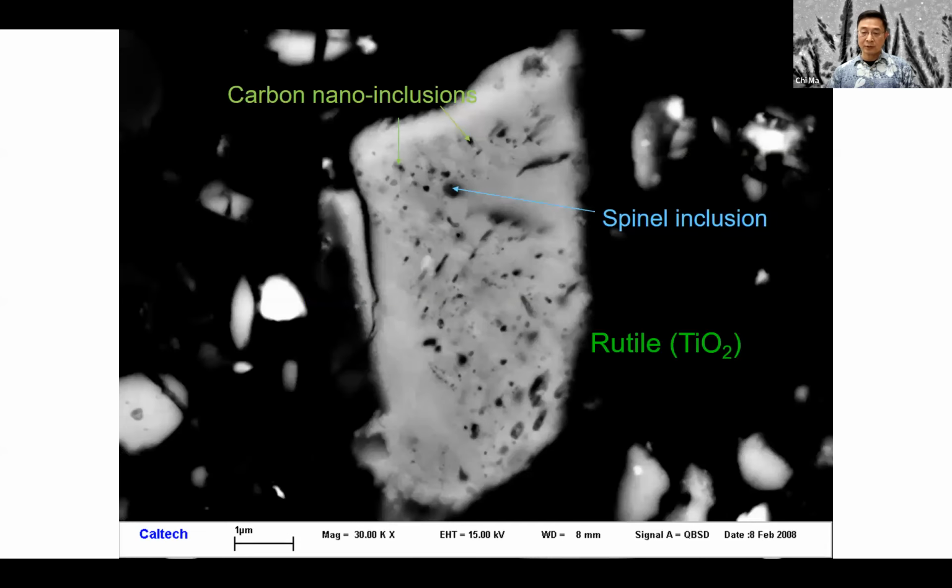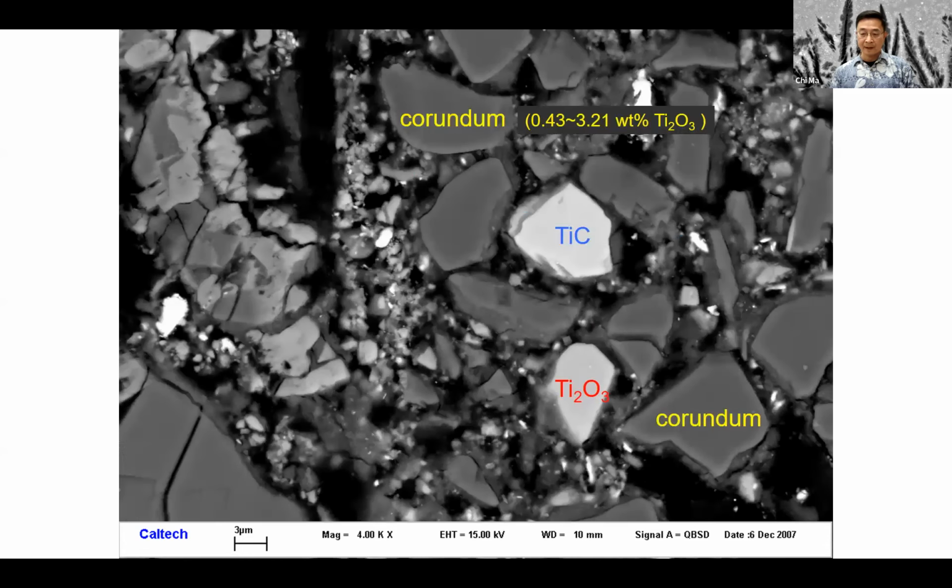This TiO₂ is actually rutile by EBSD. It contains nano inclusions of carbon and spinel. Okay, so this is tistarite, just one grain with a nearby titanium carbide and associated with corundum grains.